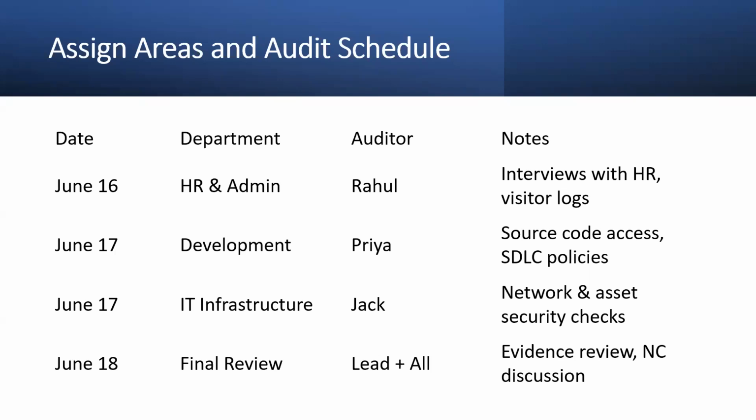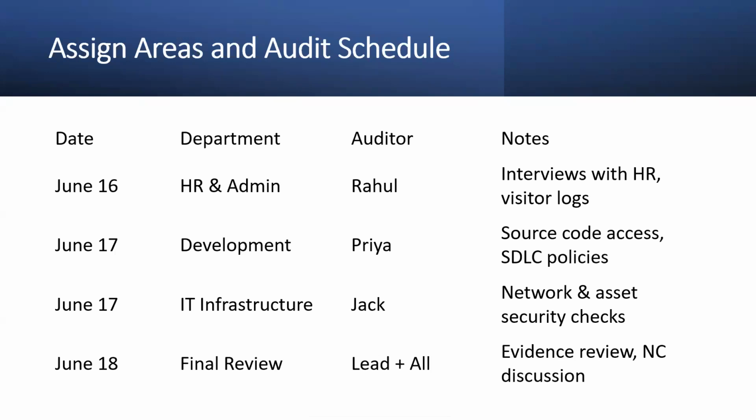In the team meeting, or you can say in the team briefing, they will discuss the plan and the schedule. They will discuss the roles and responsibilities assigned to every individual. They are going to talk about the reporting part as well, which template we are going to follow. They will also discuss the ethics part and the auditor code of conduct, and how auditors need to be presented in front of an auditee.